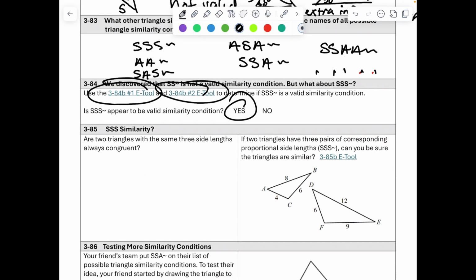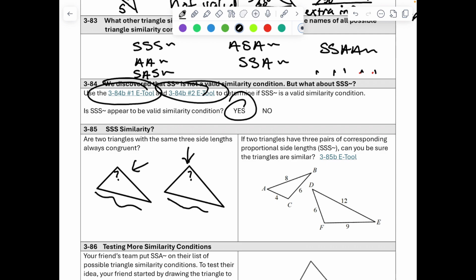So if two triangles have the same three side lengths, are they always congruent? Well, let's see. If all three sides are the same, that also means that the angles inside have to be the same too, because if the angle is different, let's say if these two angles are different right here, that's going to make the side opposite of that angle a different amount, right?